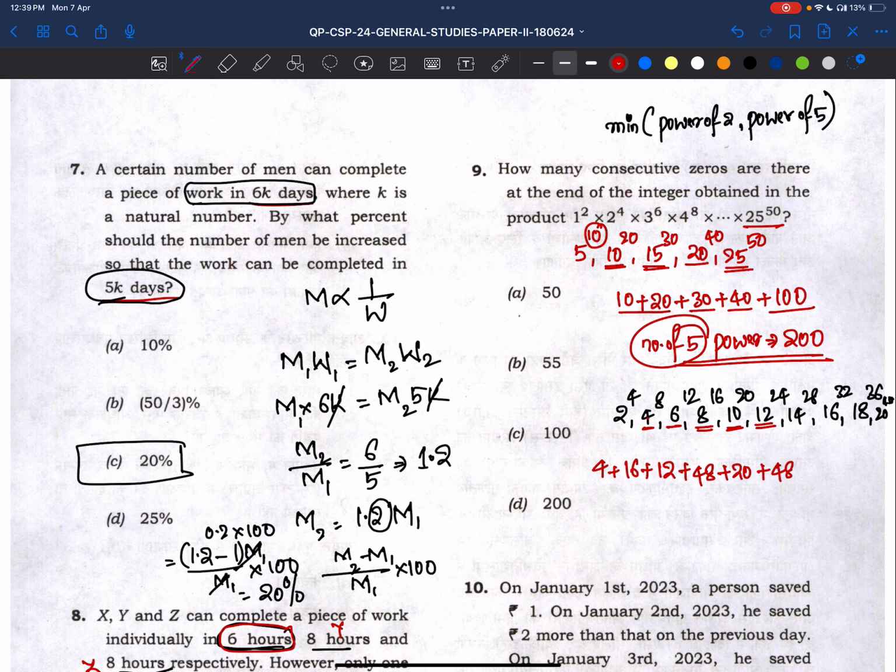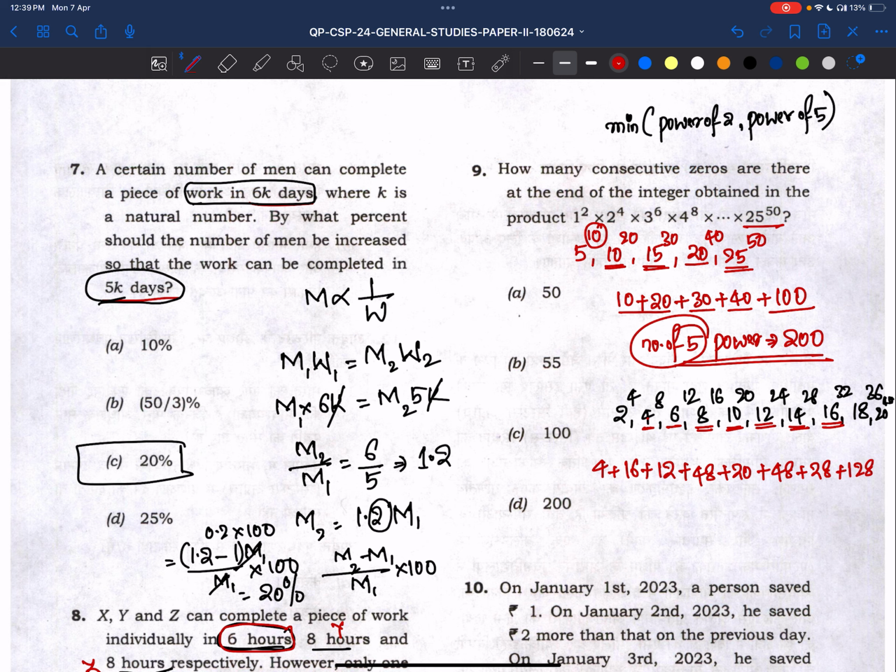That means 48. Here 2 into 7, no? That means 28. Here see 16. 16 is 2 power 4, right? 2 power 4 whole power 32. How many powers? 4 times 32, right? That means 4 times 32 is 120.